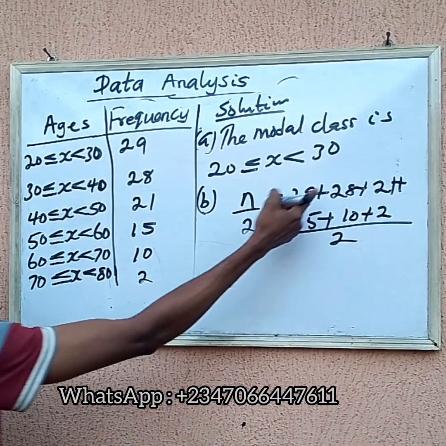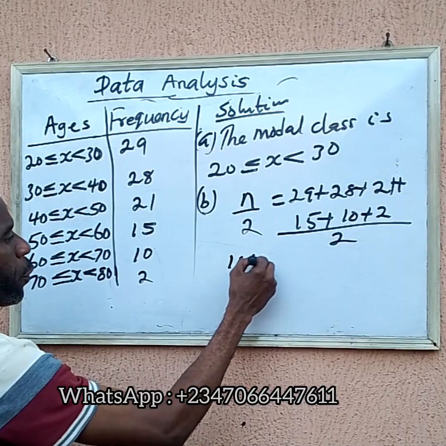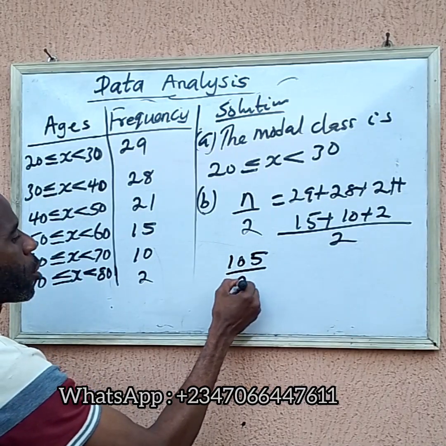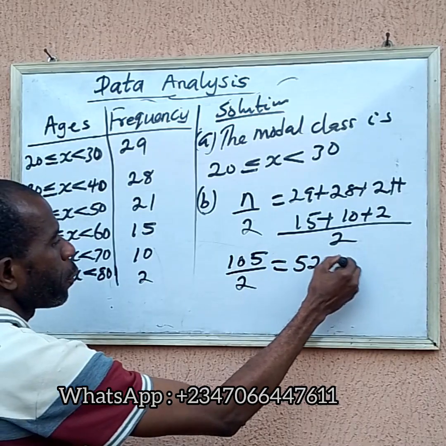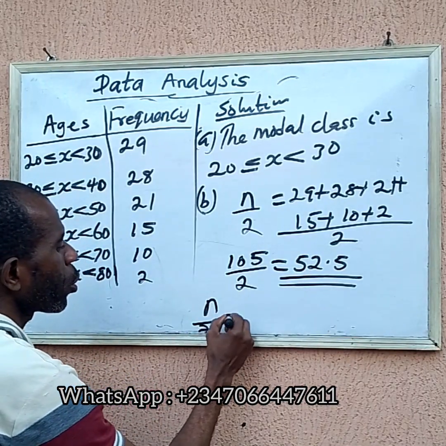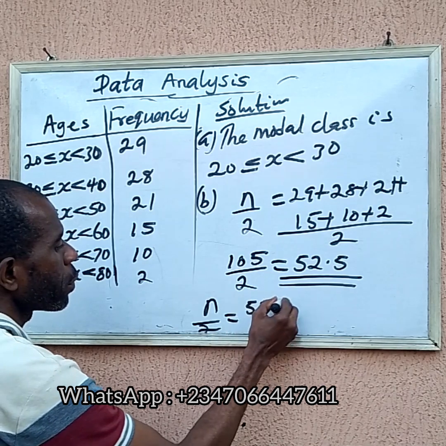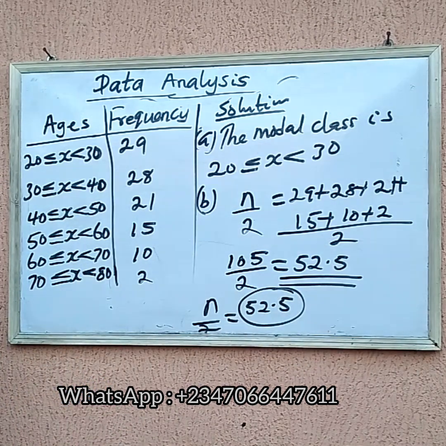This will sum up to give us 105 over 2, which at the end of the day is 52.5. So n over 2 is equal to 52.5.